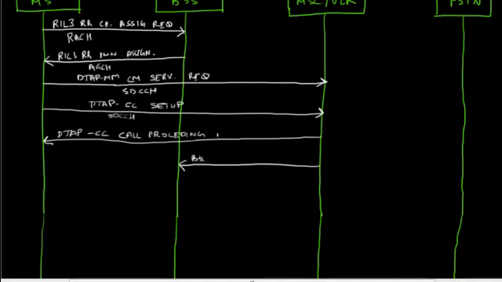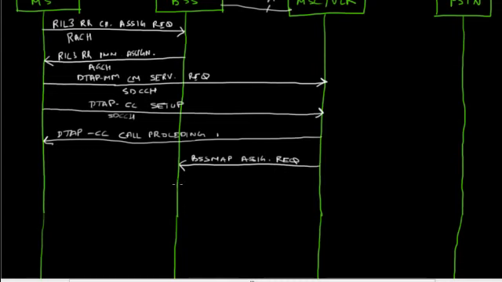Now this message has the channel type, like what kind of channel the MSC wants the BSS to allocate to the MS. Channel type: speech, data or signaling channel, and also the time slot on the A interface. So this is the A interface right here.